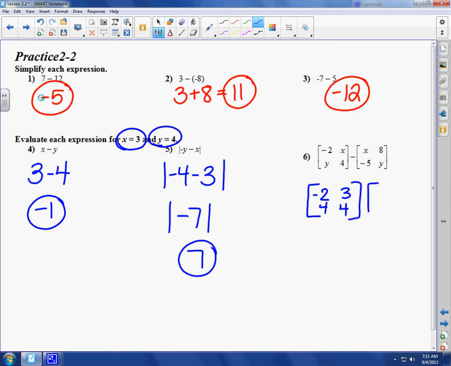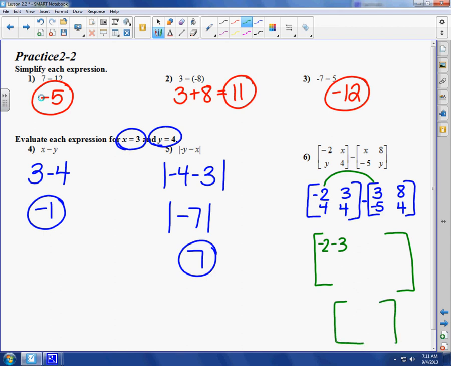So I'm going to go through, and this is subtraction, and I'm going to go through and fill these in. 3, 8, negative 5, 4. Now, if I'm going to minus, I'm going to do negative 2 minus 3. If I write this out, you can kind of see this. Negative 2 minus 3 goes in this top left corner because both of those numbers are in the top left corner.